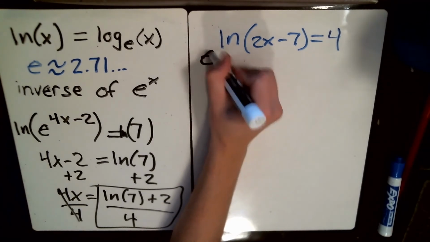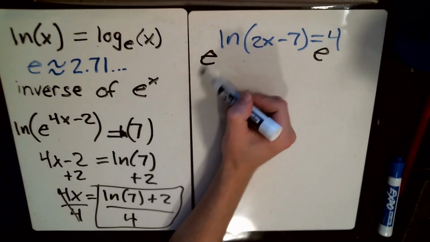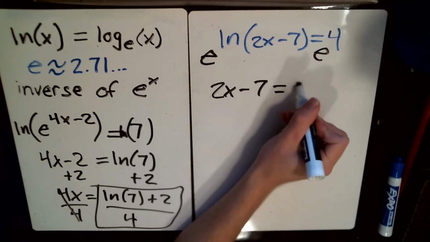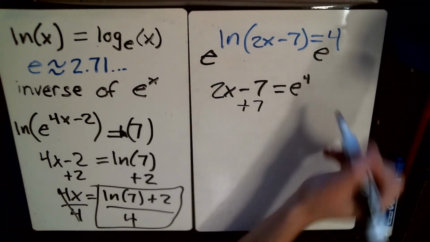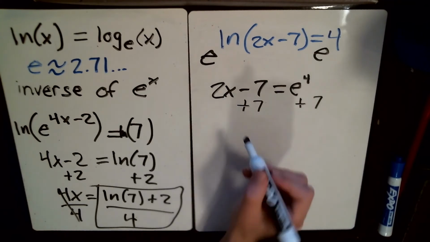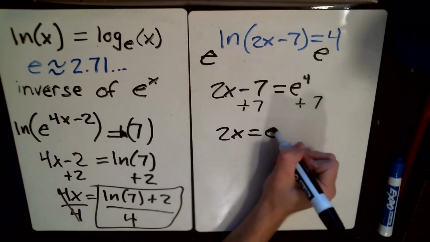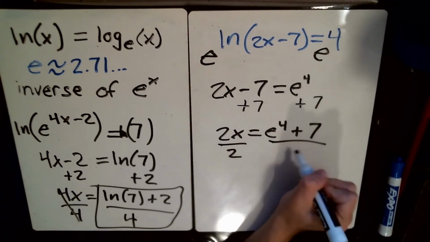So you raise it as an exponent of e on both sides. These now cancel out. So you get 2x minus 7 is e to the 4th power. And now you can solve for x. So plus 7. So you get 2x is e to the 4th plus 7. And then divide by 2.